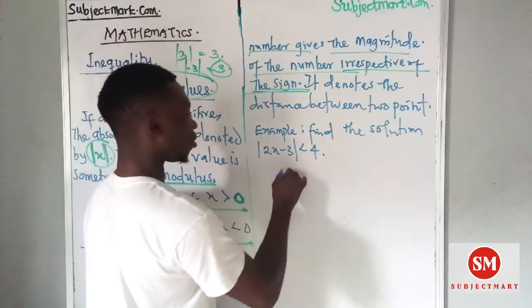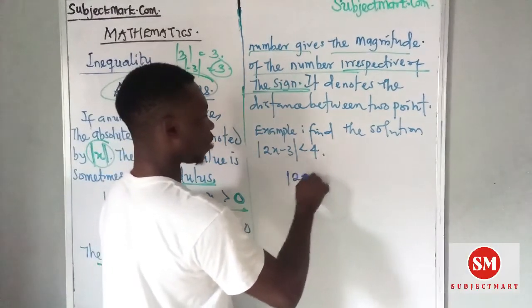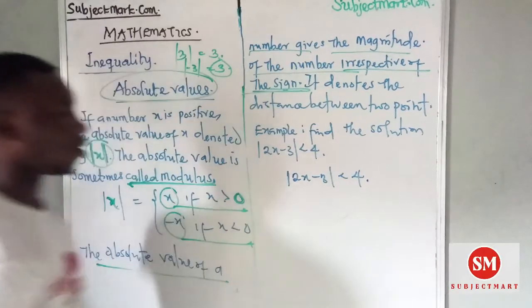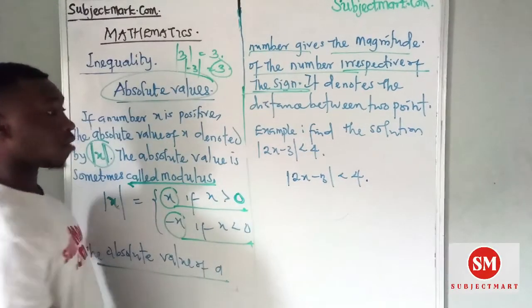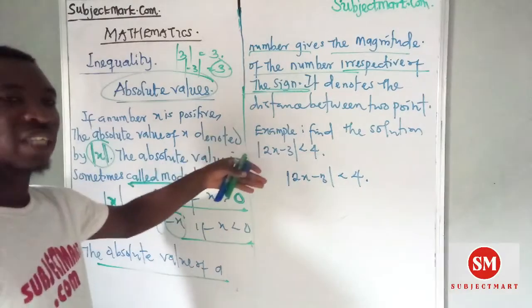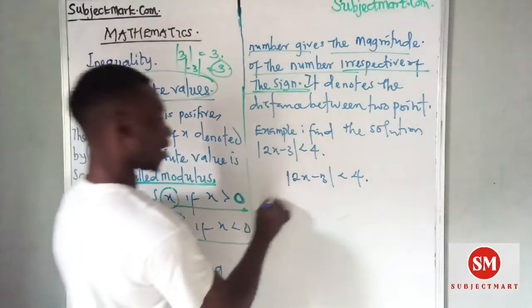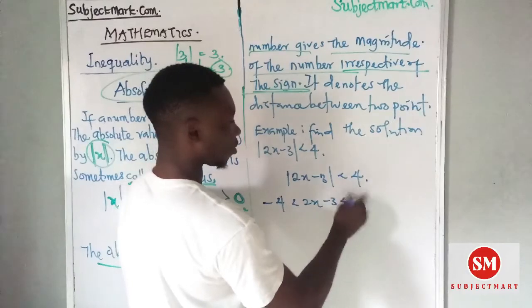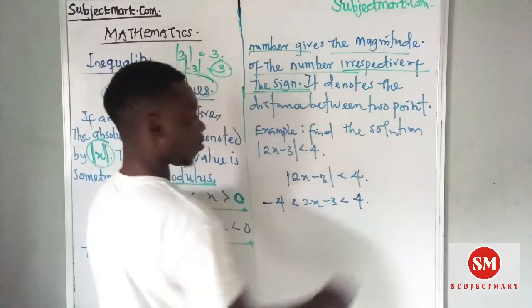Find the values for which the absolute value of 2x minus 3 is less than 4. To take off this absolute, we are going to have a positive side and a negative side. So this is minus 4 is less than 2x minus 3, which is less than 4.